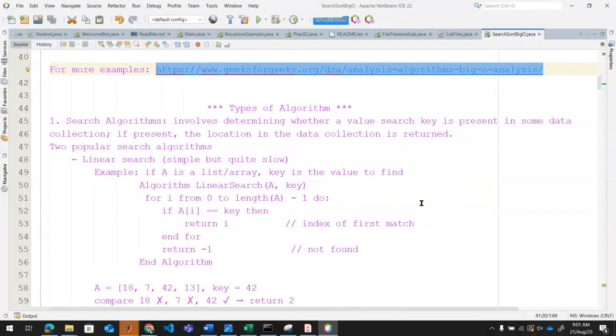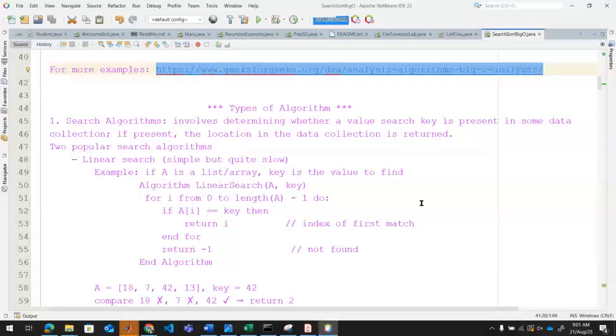The search algorithm involves determining whether a value, the search key, is present in a specific data collection. If it's present, you're able to determine where it would be within that data collection. So we assume in the example here that we're dealing with the first kind of searching algorithm, which is linear search.